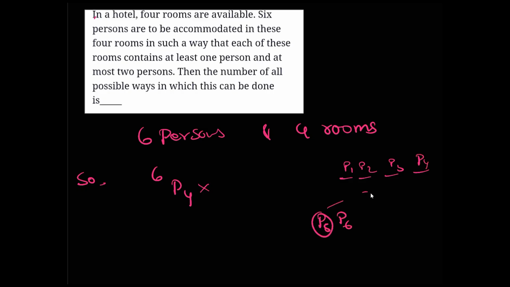P5 can go into one of the 4 rooms and the other one can go into one of the 3 rooms where P5 is not there, since the maximum number of people is 2. So P6 can go into 3 rooms. Therefore, the number of ways will be 6 factorial by 2 factorial into 4 into 3.